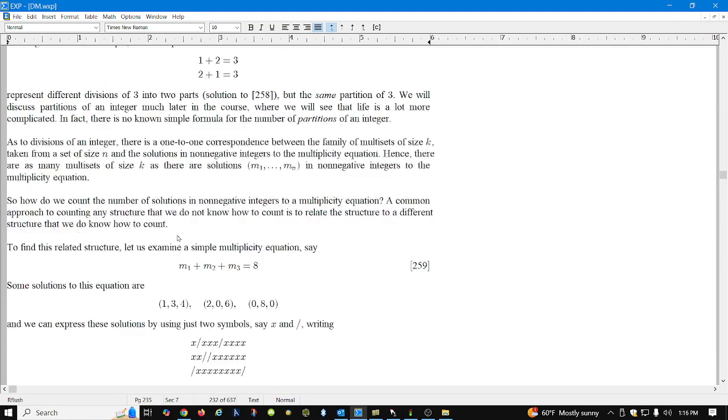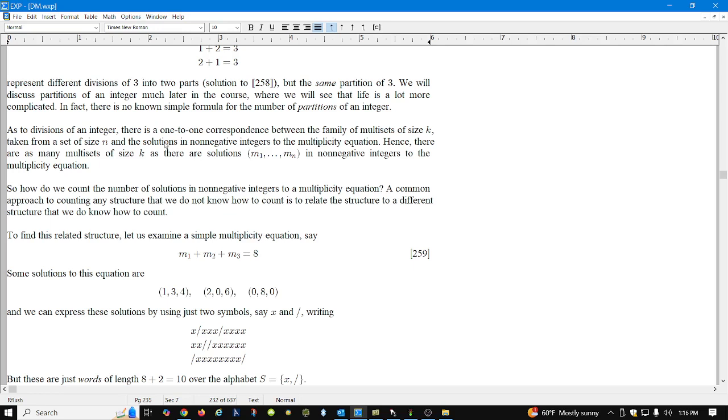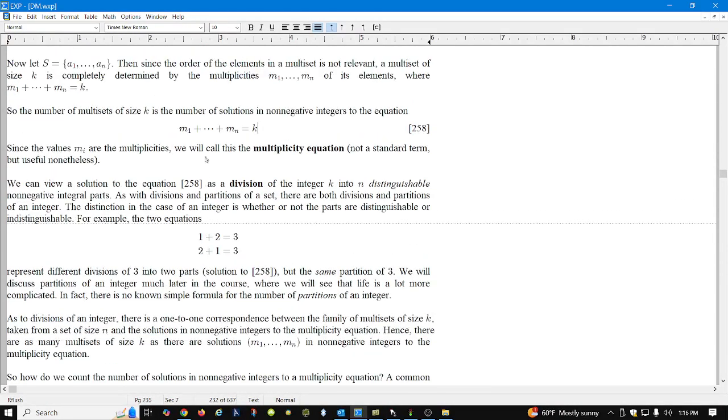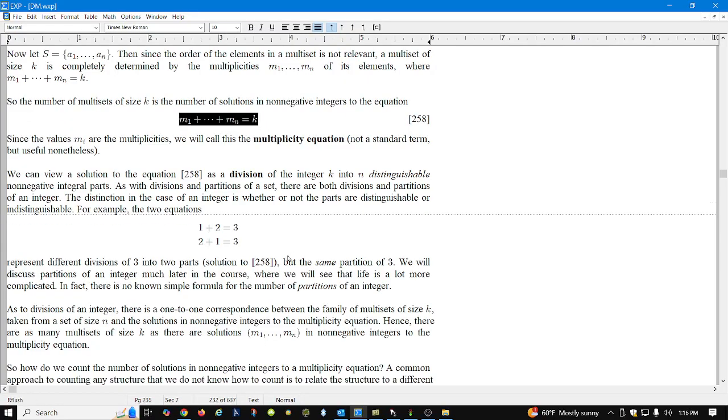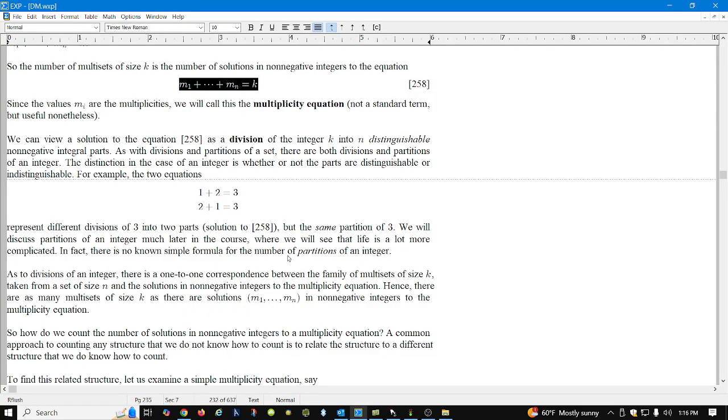And in this case, there is a one-to-one correspondence between the family of multisets of size k, taken from a set of size n, and the solutions in non-negative integers to the multiset equation. Okay, because the multiplicities completely determine the multiset.